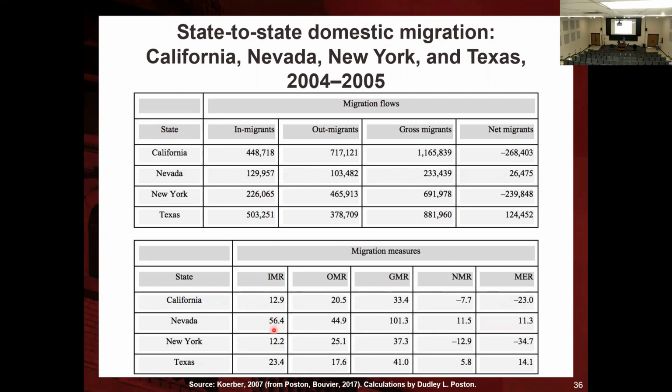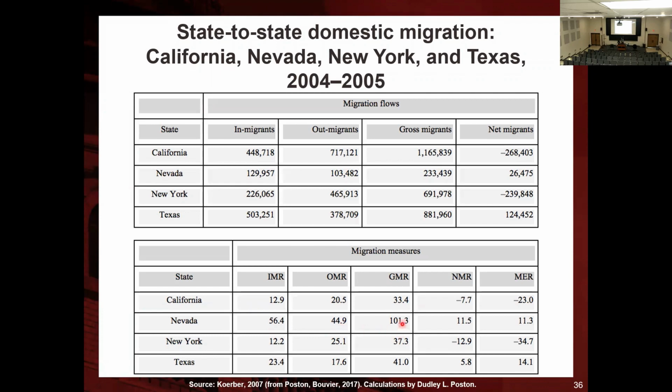For every 1,000 people living in Nevada, 56 enter the state between 2004 and 2005. Out of 1,000 people living in Nevada, around 45 of them left the state.